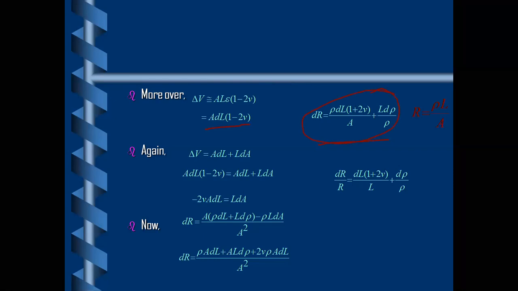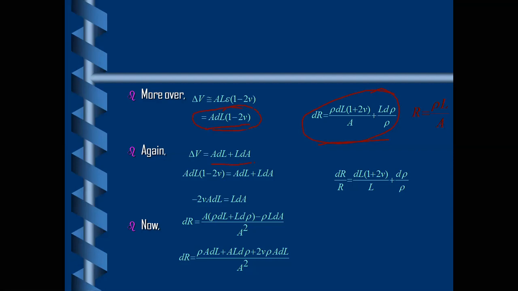Only now the values have been changed depending on this equation. So this delta V, change in volume, is given as A dL plus L dA, which we have seen in the previous case for change in volume.